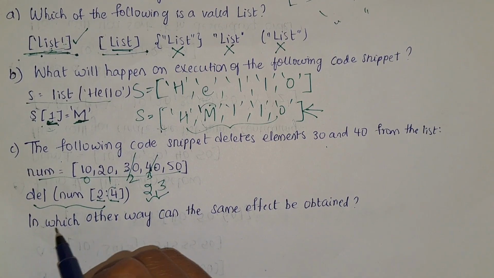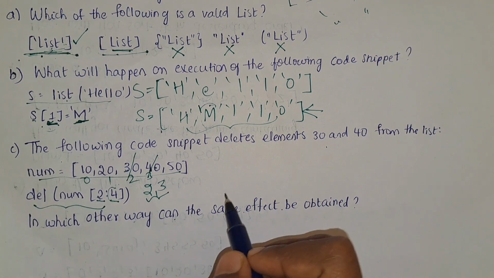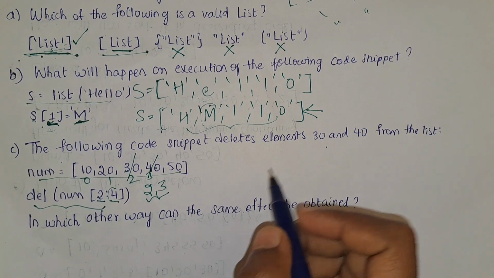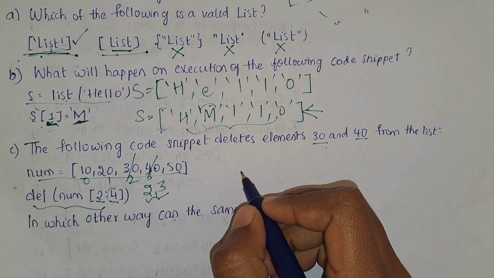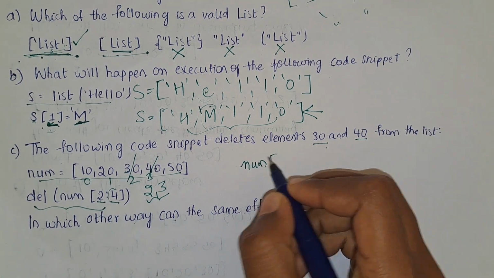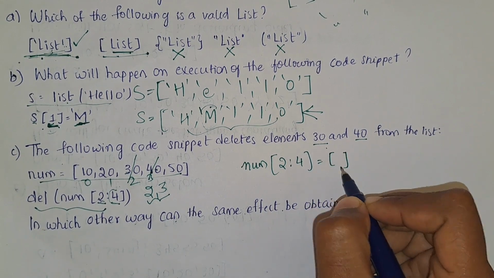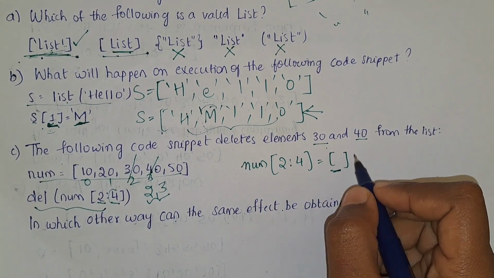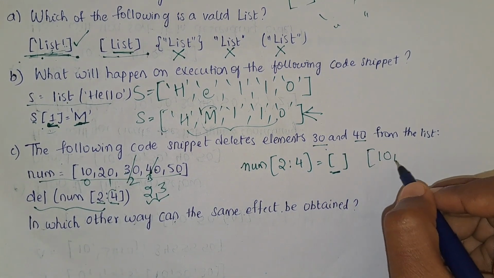The question is, in which other way can the same effect be obtained? That means, in another way, how can we delete the elements 30 and 40 from the list? There are many approaches, but the simple way is to take num, the list, give the range, and set it equal to an empty list. This will delete the elements 30 and 40, and the remaining list will be as shown.